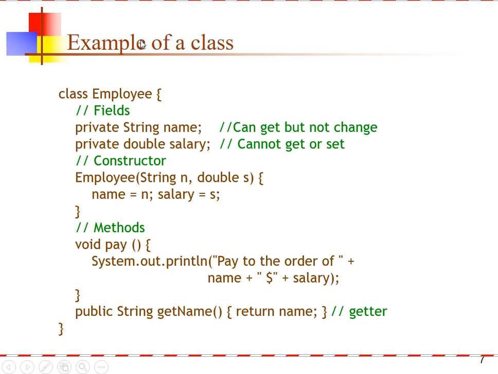This particular example here is an example from Java. And so you have, which would be familiar to you from Greenfoot, how it would look in Greenfoot. You have your private instance fields, you have a constructor, you have a method, and you have a getter.